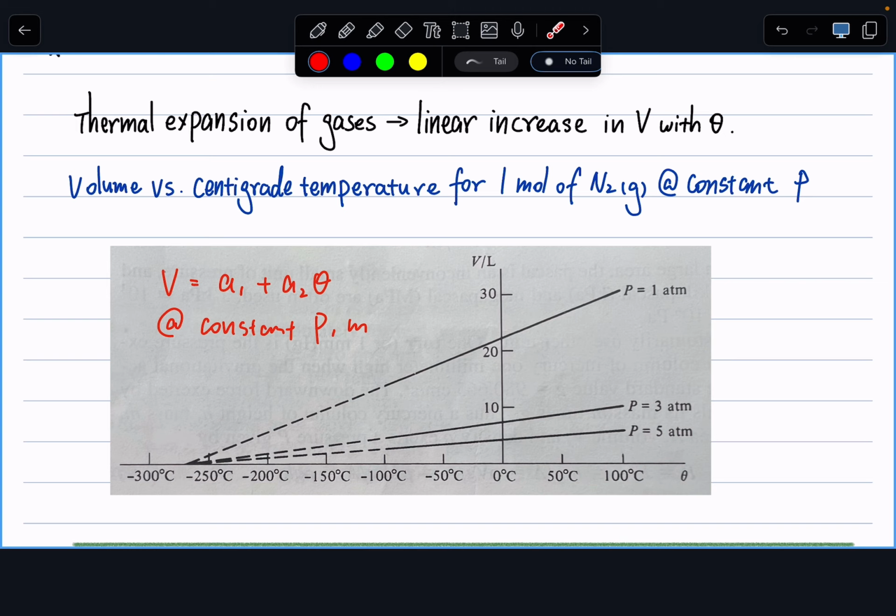And the interesting thing about this diagram is that by taking the measurement of the thermal expansion of nitrogen gas in this situation, we find that if you do the extrapolation of these linear lines, they always meet at the same point.